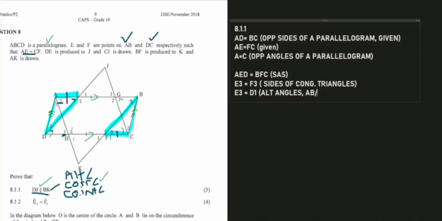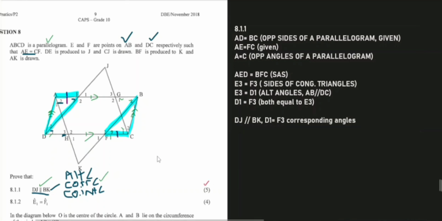AB is parallel to DC. So D1 is equal to F3, angle F3. Reason being they both equal to E3. Therefore, line DJ will be parallel to BK because D1 and F3 are corresponding angles. So here's your 5 marks.